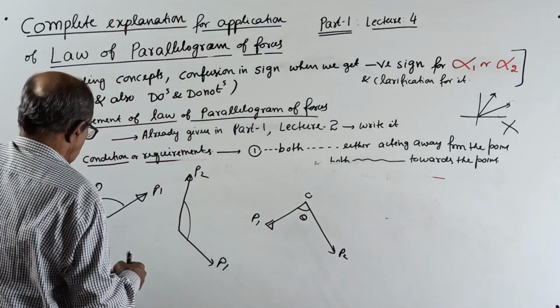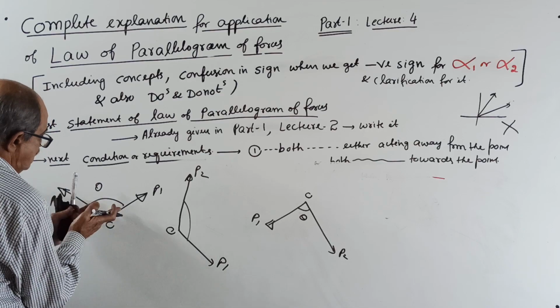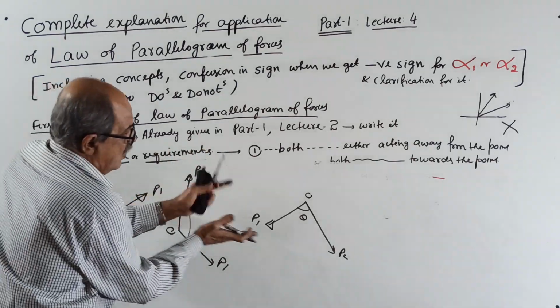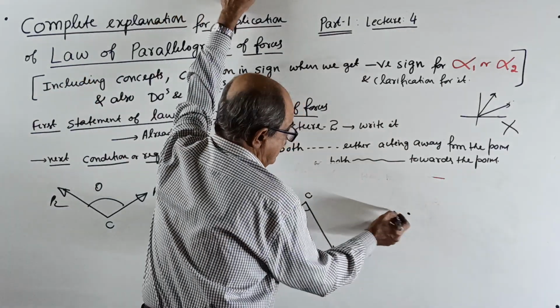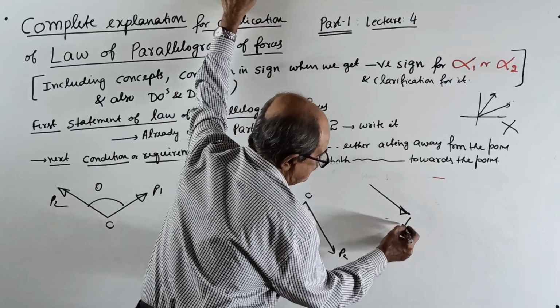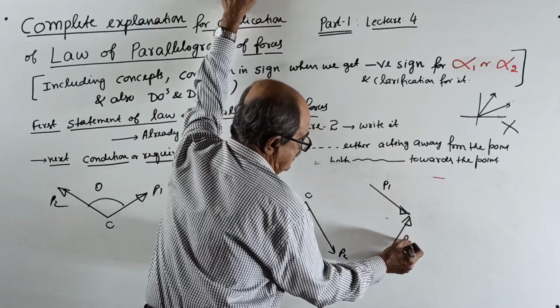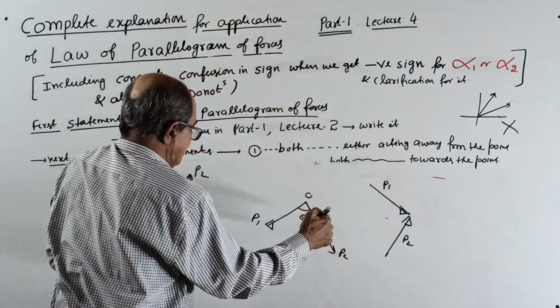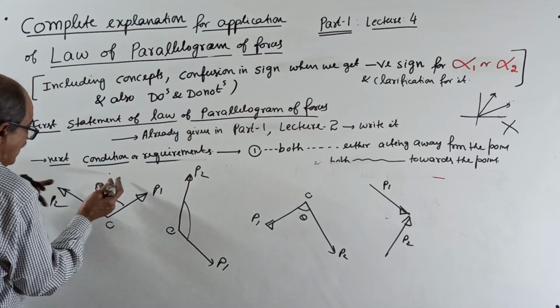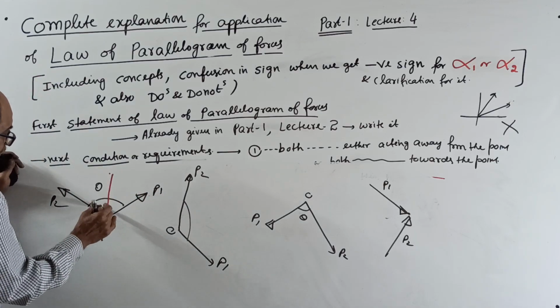But then, how do you mark the resultant? Point O. But one thing, both should be outgoing, or one can be like this and the other like this also. Okay, no problem, one of them is P1, the other is P2, done, you can apply. But the resultant also you have to mark. I don't know which side it will go because it depends on which is larger, so randomly I will place it.